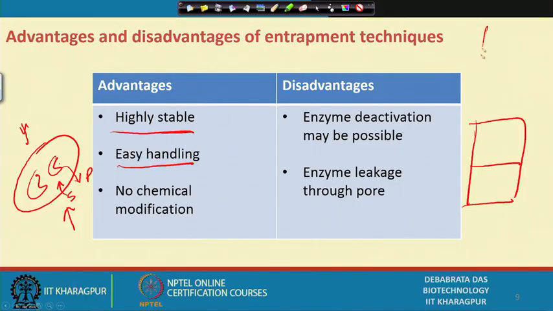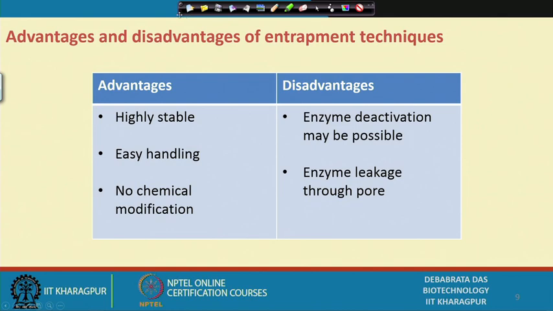We can fold it, seal it with the help of heat, and at one end put the dry powder of enzyme and seal it again. Like this we have different bags, and suppose this is the column of the reactor, we can put the bags one after another and pack the column. Then you pass your substrate here and get the product at the other end. So it is easy to handle, and no chemical modification is required, because there is no interaction between the solid matrix and the enzyme.